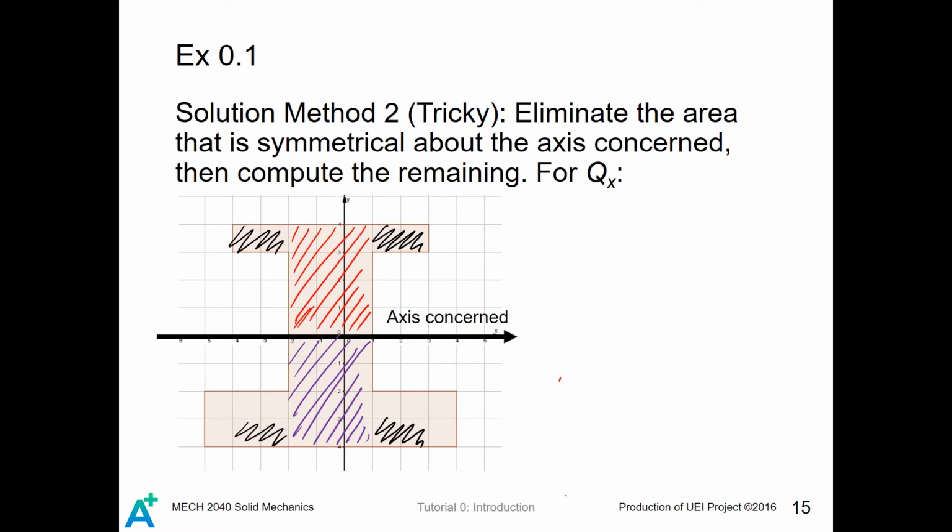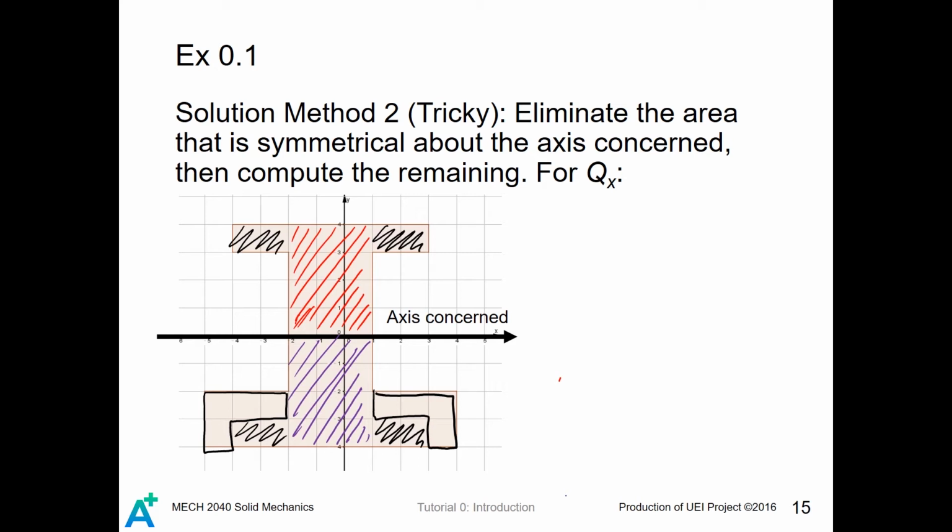After eliminating those regions, how can we calculate the average of y of those two L-shaped regions? I know you can calculate it, but it is rather complicated, so it is not recommended by me.